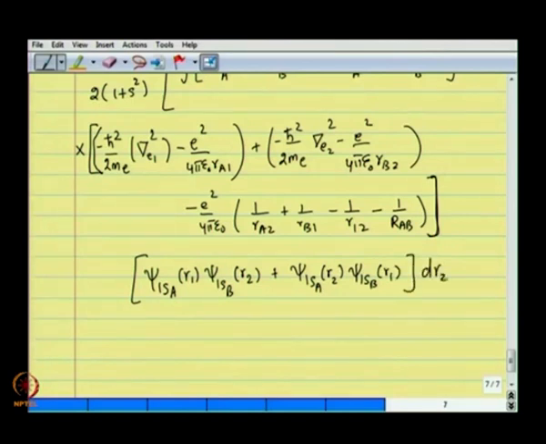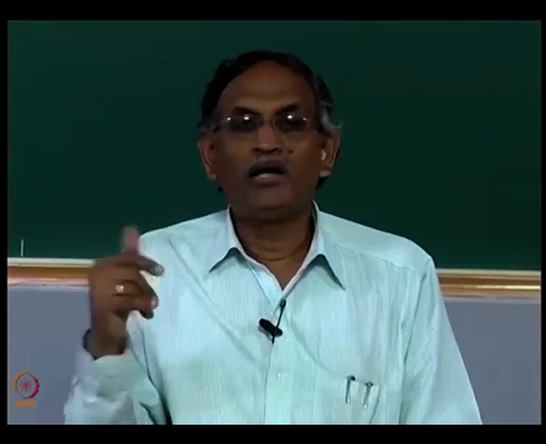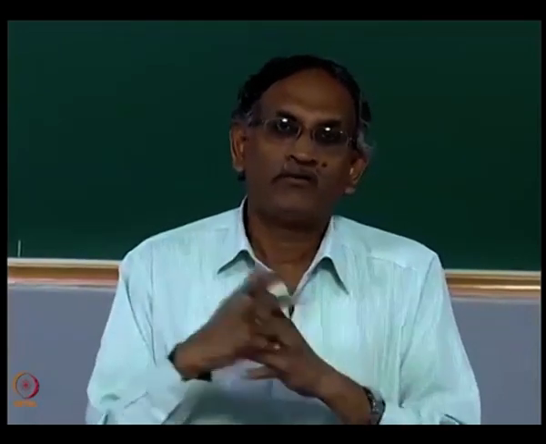and integrated over both the electron variables, namely dr1 3 dimensional integral dr2. This is r1 square sin theta 1 dr1 d theta 1 d phi 1, and likewise for r2 it is r2 square dr2 sin theta 2 d theta 2 d phi 2, except that we have to define the thetas and phis carefully.